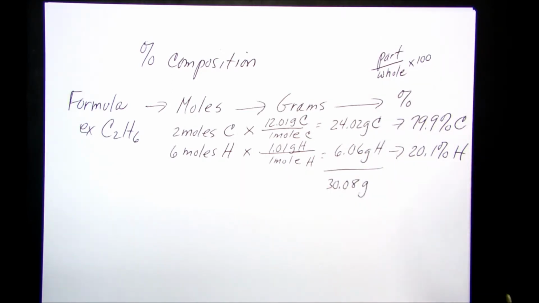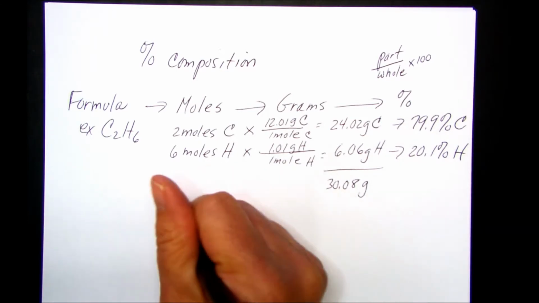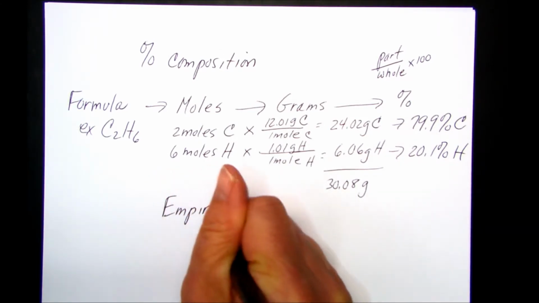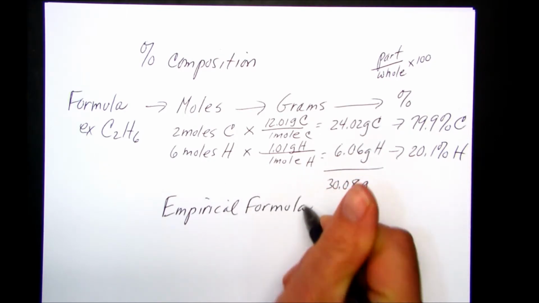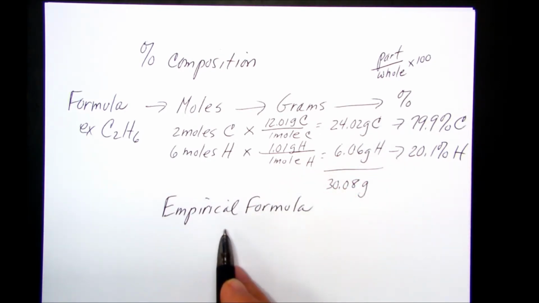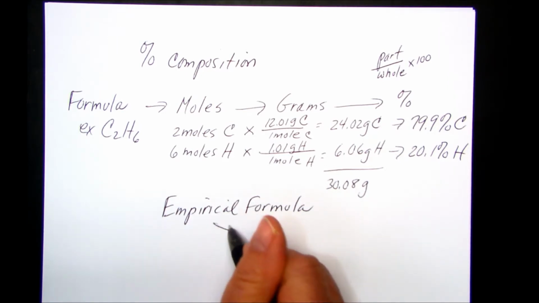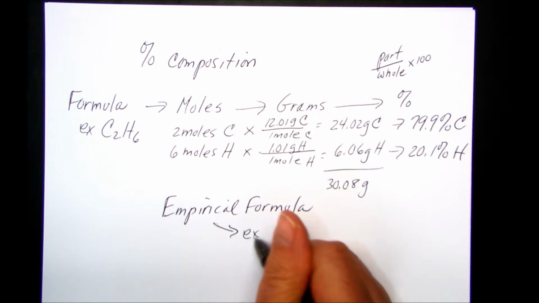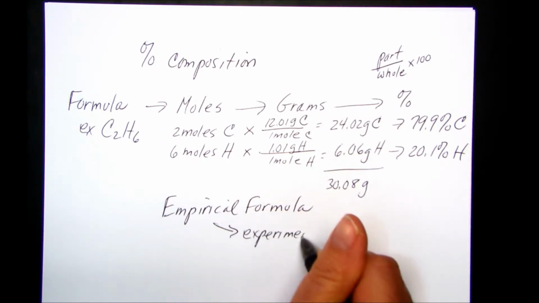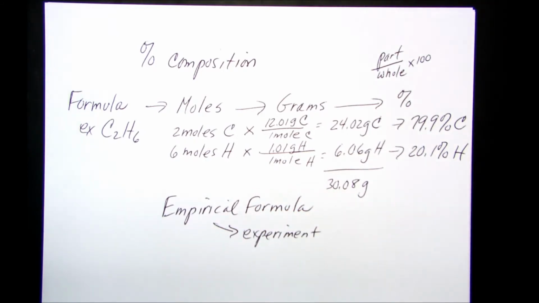But I want to tell you how to calculate an empirical formula. The idea of an empirical formula is that we can get a formula from an experiment. What a chemist can do is take a substance and analyze it, and figure out percentages of elements in a substance.